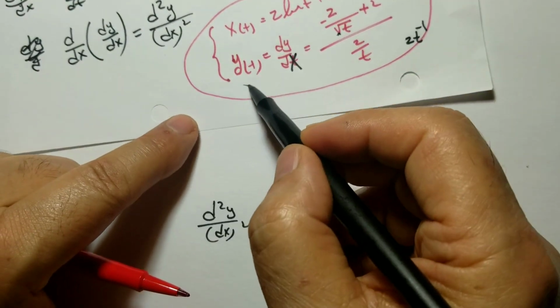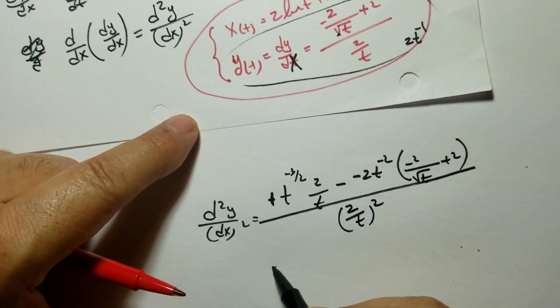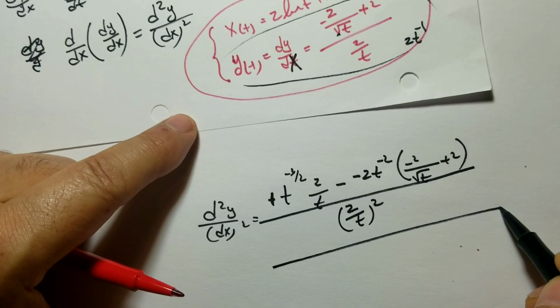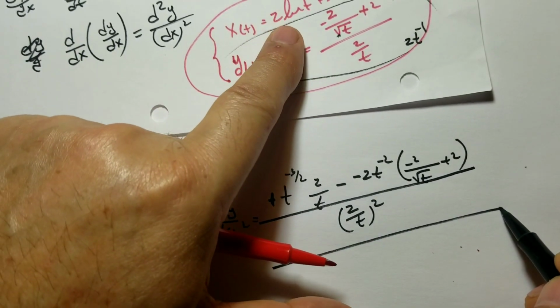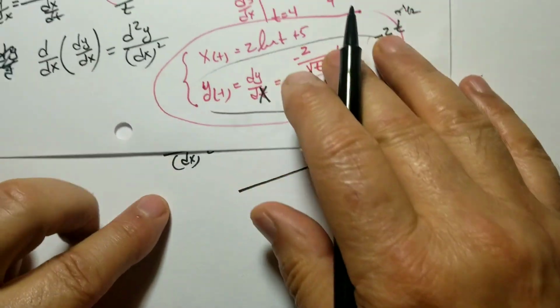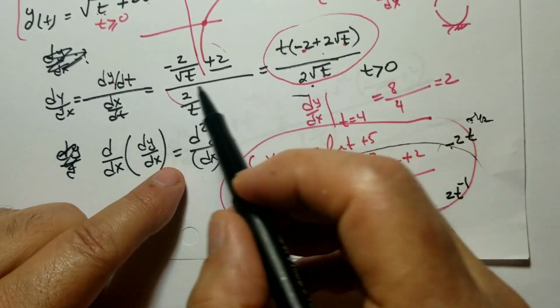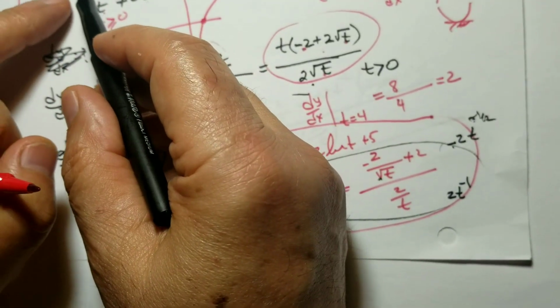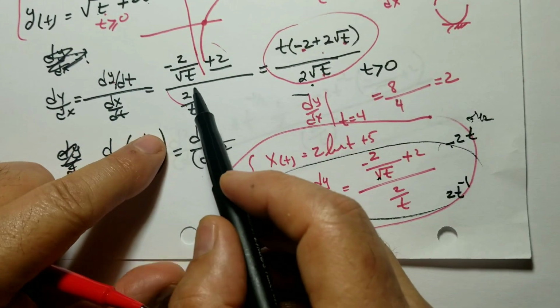That's only the derivative of that divided by the same thing you had in the bottom of the first derivative. The bottom of the first derivative is 2 natural log of t plus 5, and it's going to become 2 over t.